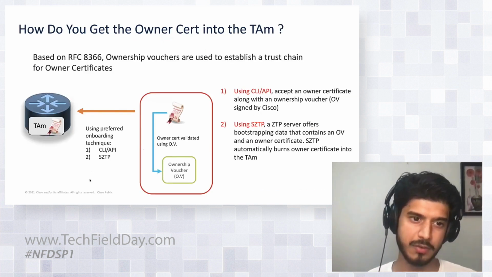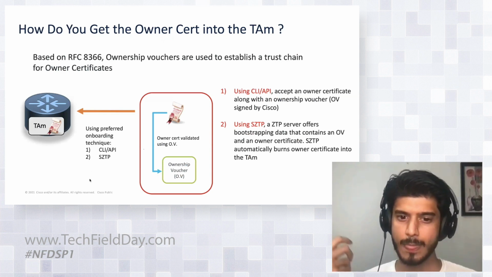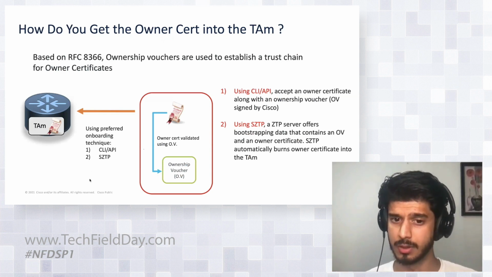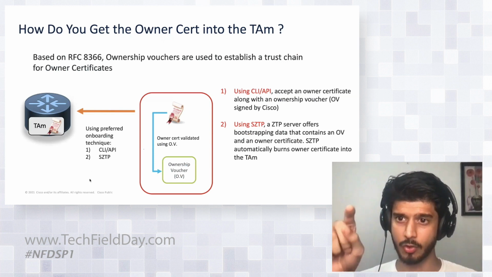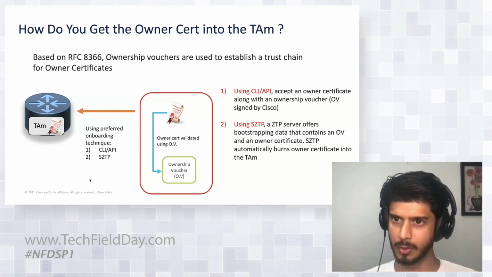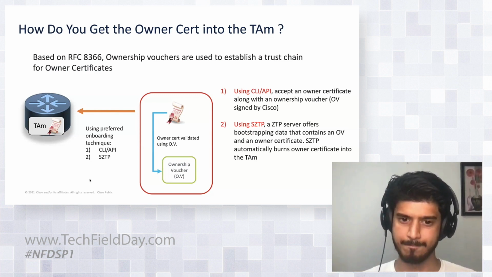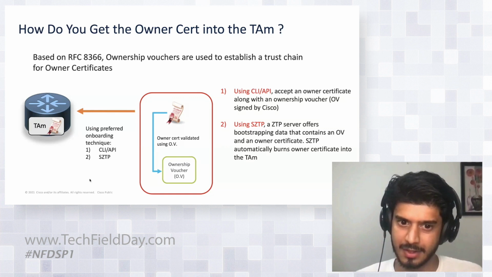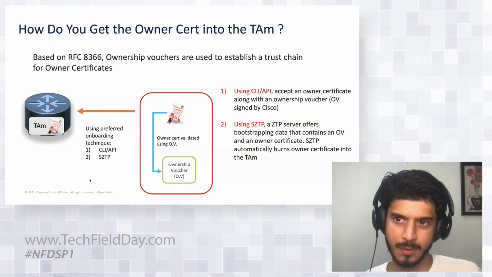I have a bare-bone device with a TAM, and I use an ownership voucher which contains the trust chain for the owner certificate. And as long as the ownership voucher is trusted by the device, it'll accept the owner cert, burn it into the TAM. And why does the device actually care about the ownership voucher?